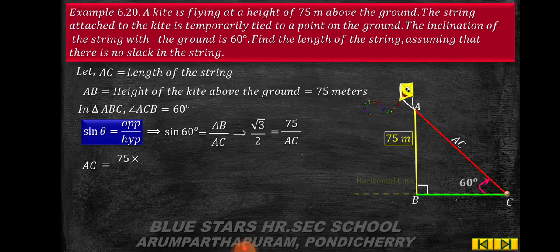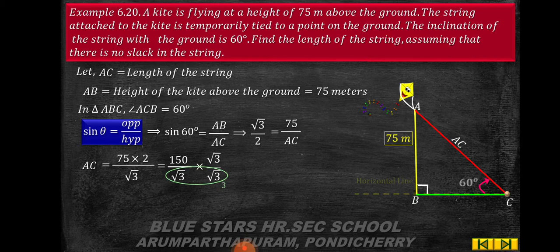75 into 2 divided by root 3. We are taking 2 to the left hand side and AC to the right hand side, which is equal to 75 into 2 is 150 divided by root 3. Multiply numerator and denominator with root 3.